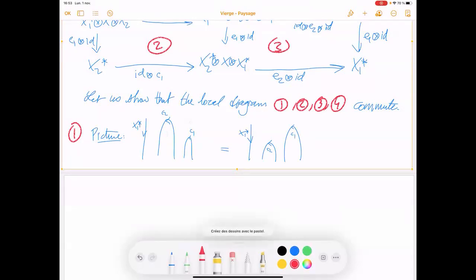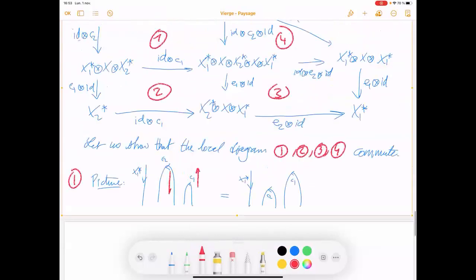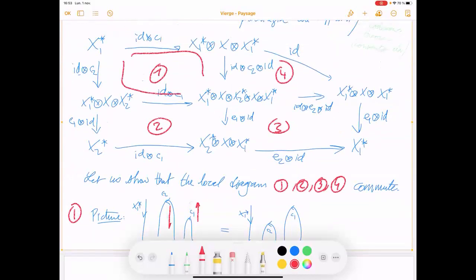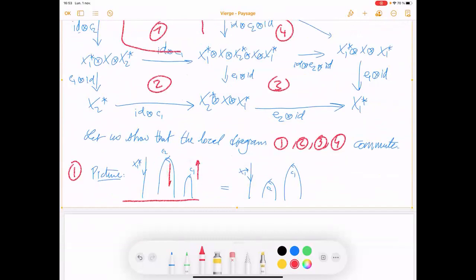So you can make this move and make this move. So you have one way and the other way. One way is this one, and the other way is this one. And these two are the same. You can prove it formally. This is direct, but you can see it pictorially. This is just this move. You just put that here and this here. This is a small topological move.